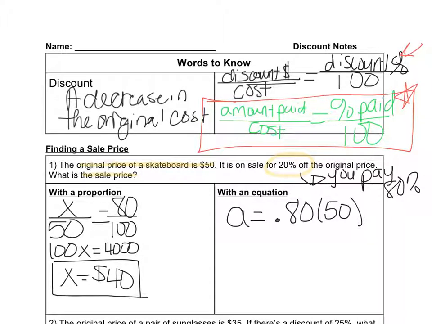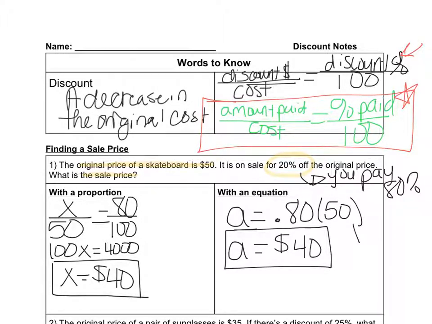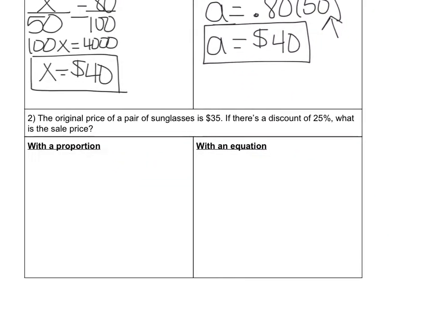So if you do that, A equals $40, because that's the part that you are going to pay of the whole. Okay, let's go ahead and try the next one to see if we can do it on our own. Go ahead and try to set up a proportion and pause it, and then we will come back together and see if you have the same proportion.